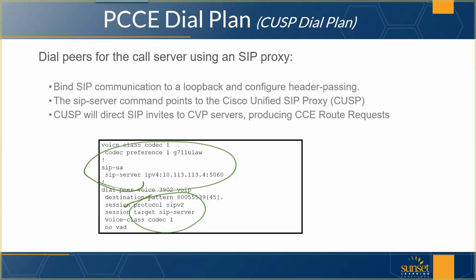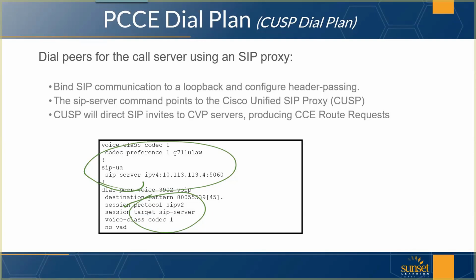If the dial peers and the configurations are not correctly created, it's not going to work. If this dial peer is used on the ingress gateway/CUBE, then this SIP invite is going to be sent to the CUSP, which is going to trigger that lookup of the dialed number, whatever it's going to be, 800 555 39 something in our example here.